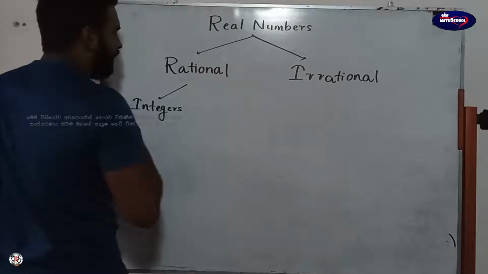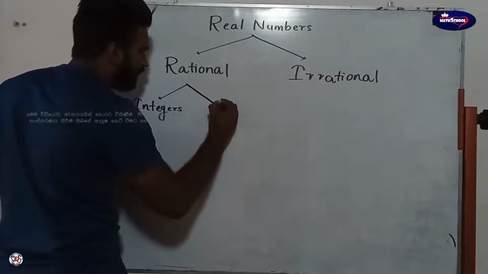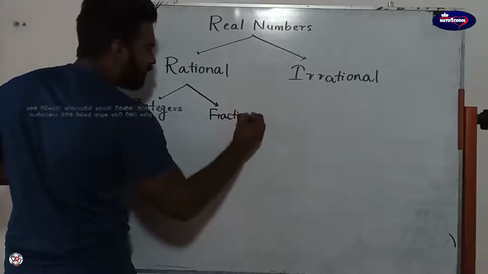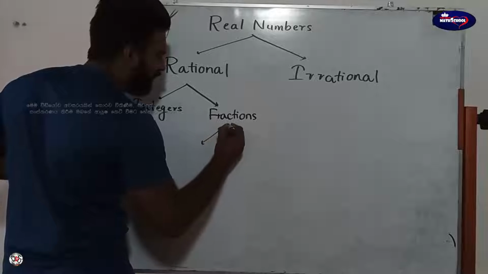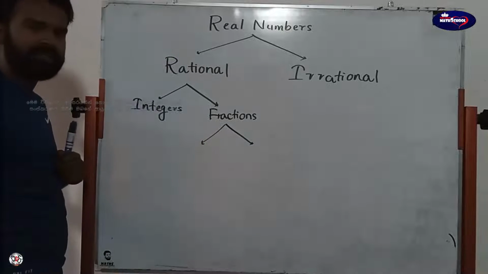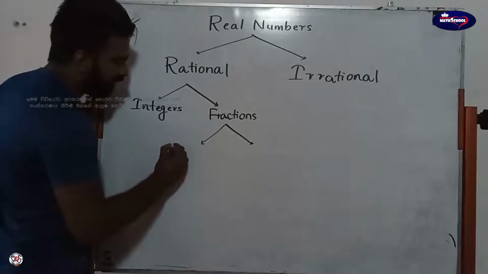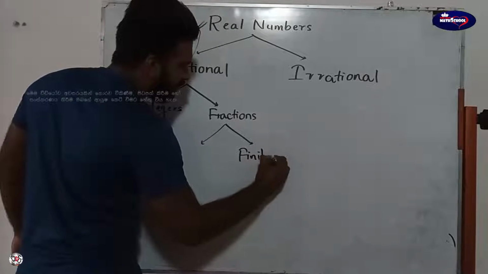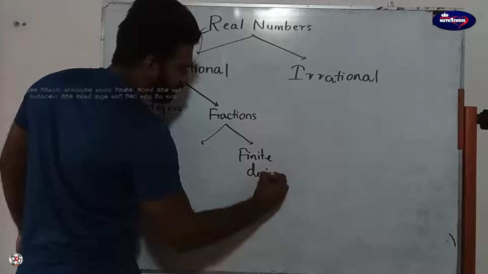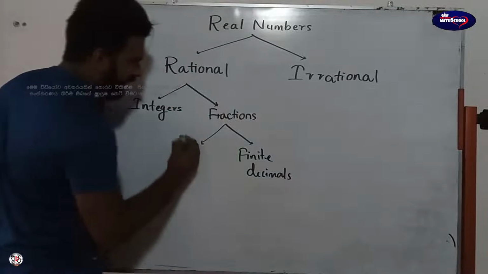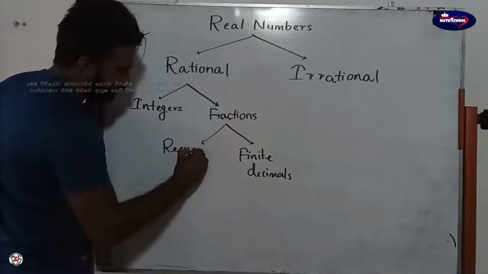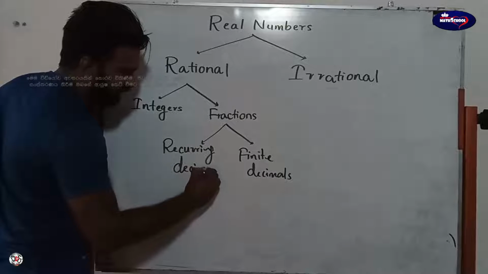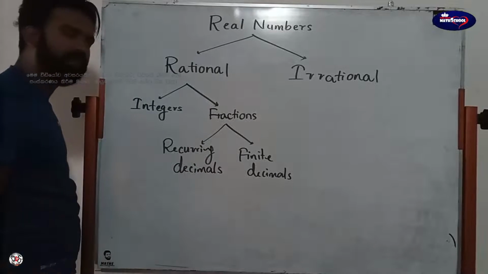The other things we can take were fractions. These fractions we were able to simplify and write as decimals. So we got the finite decimals and the recurring decimals. We discussed all these things.